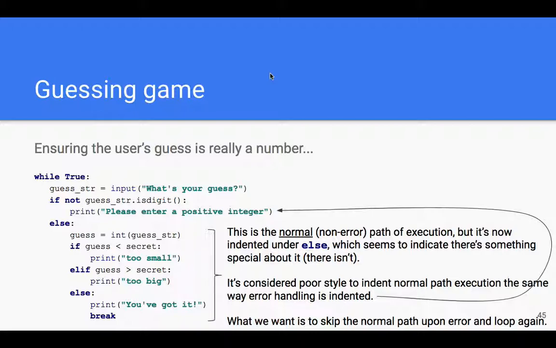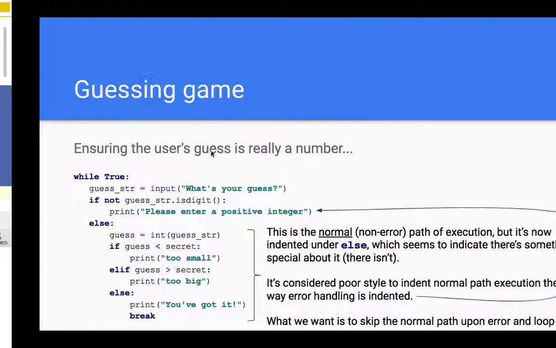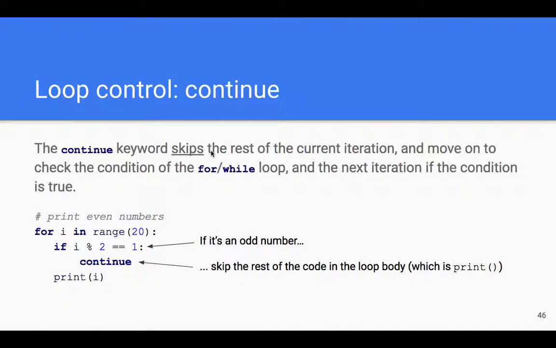So what we really want is, when the string is not digits, we just want to skip this. And there is something in Python that allows us to skip the rest of the current iteration, and that is the continue keyword.